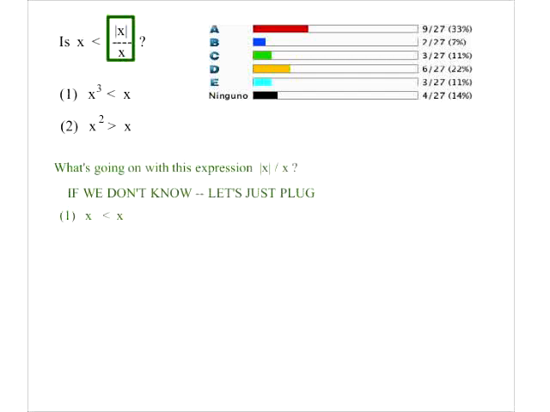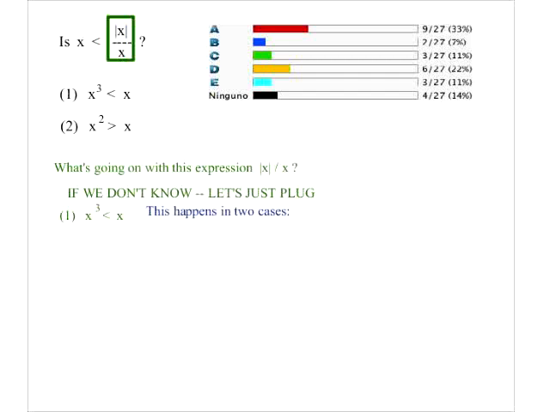Does anybody know where that happens without having to do a bunch of algebra? Where is the cube less than X? This happens for, you guys are mostly getting half of it. You're either saying negative or fraction, but it's not either one of those. You have to think about both. This happens in 2 cases.